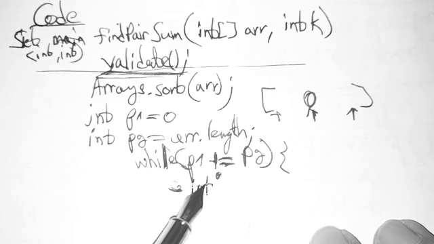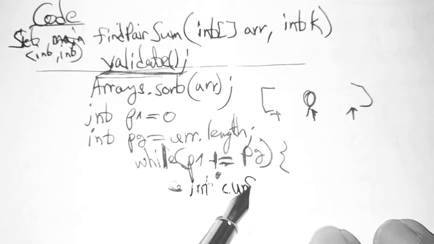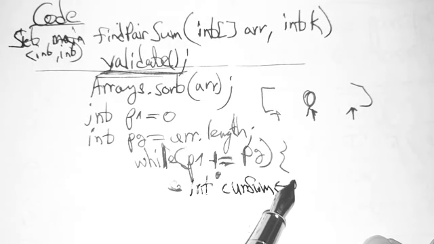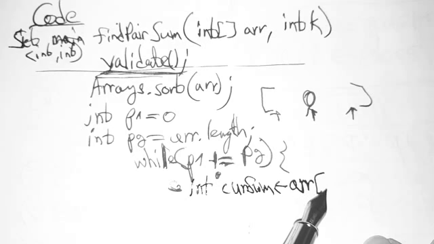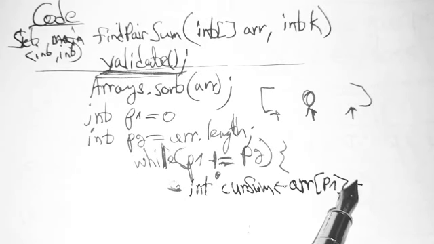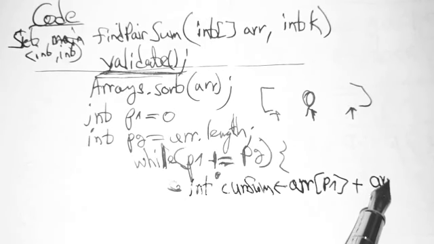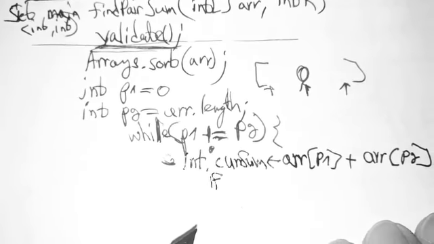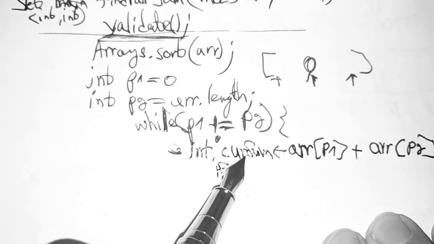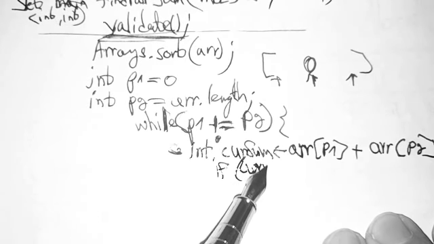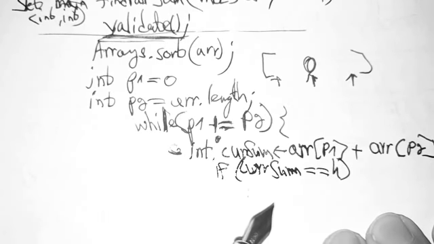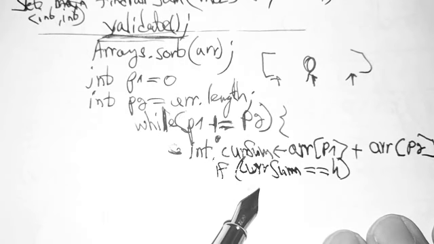So current sum is array of location P1 plus array of location P2, and then if current sum is equal to k, we add it to the list of pairs or print.